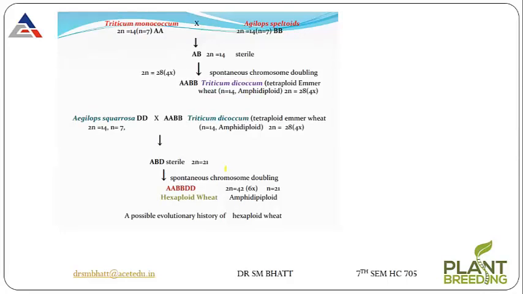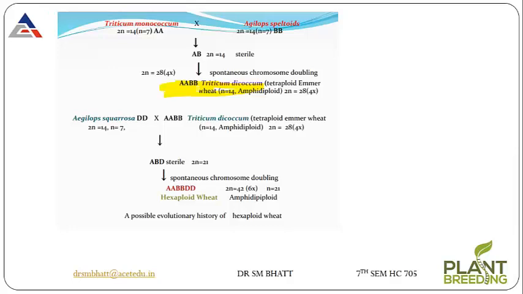If you cross them, you get 14, and it is sterile. If you treat with colchicine, you get a doubled genome. For example, AB was the genotype, and now you can see AABB. So this is an allopolyploid. They are fertile.